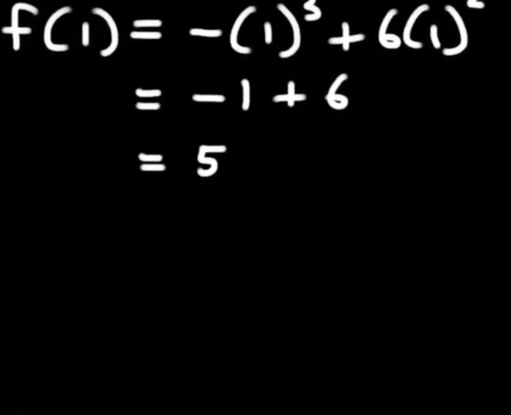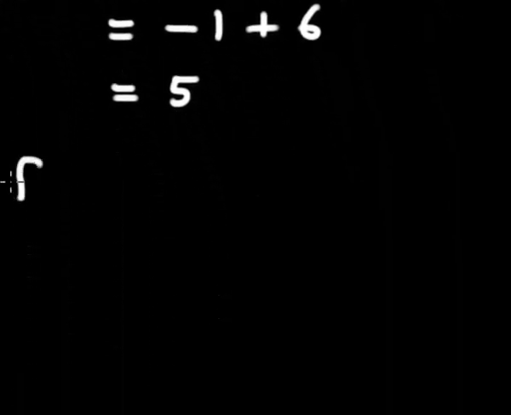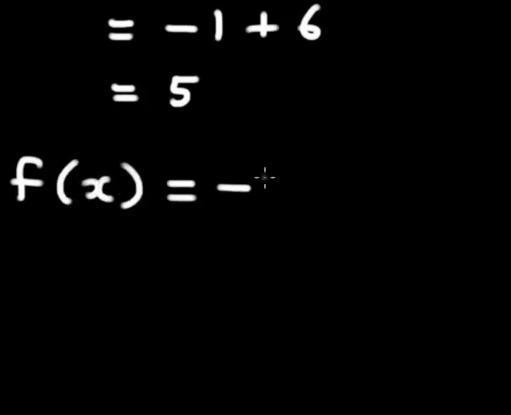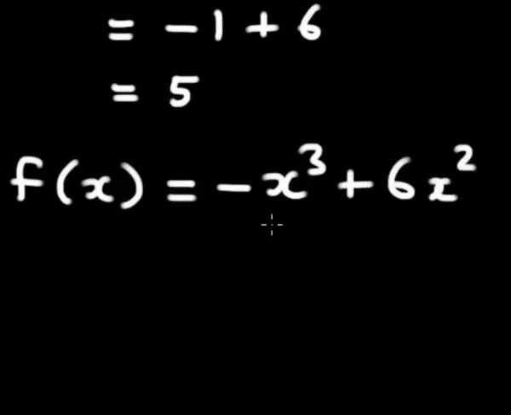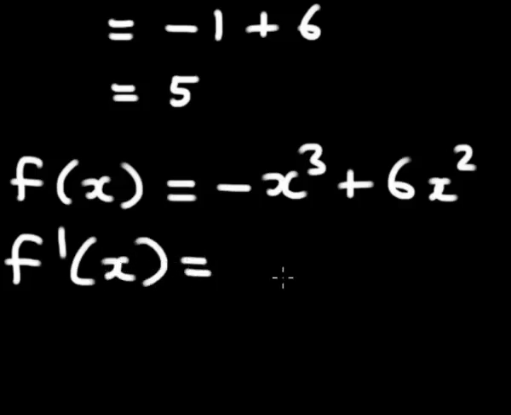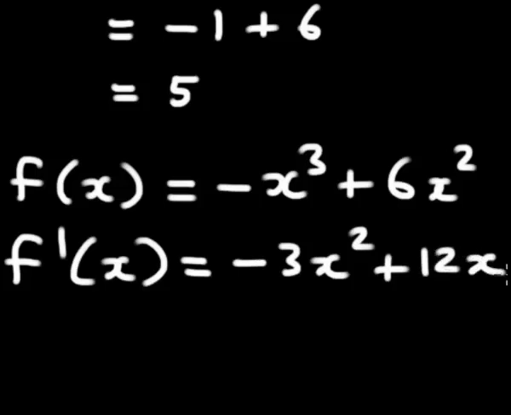Now, the gradient of the tangent. Well, if f(x) is equal to negative x cubed plus 6x squared, the gradient of the curve, or the gradient of the tangent, is going to be the derivative, which is negative 3x squared plus 12x. Okay, and we want the gradient at x equals 1.